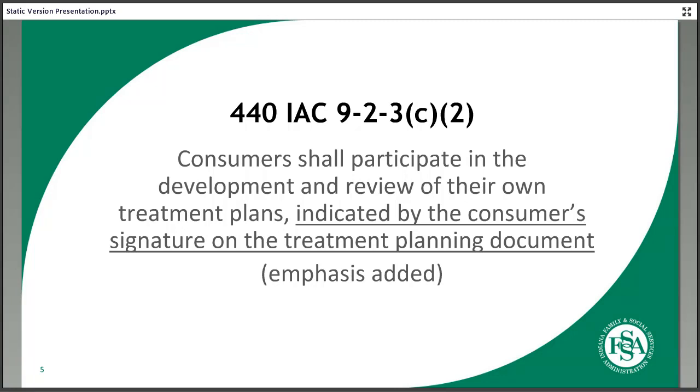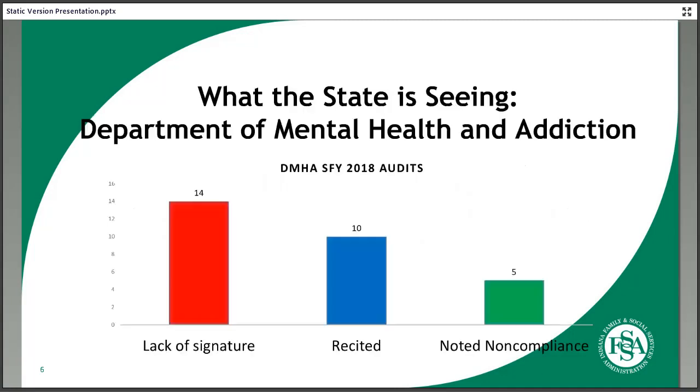So what are we here at the state observing when we are going in and looking at various treatment plans? Working with our friends over at the Division of Mental Health and Addiction, in their state fiscal year 2018 audits, 14 CMHCs were cited for a lack of signature on the treatment plan, and 10 of those were actually recited from prior audits, so that's like 71% recited.